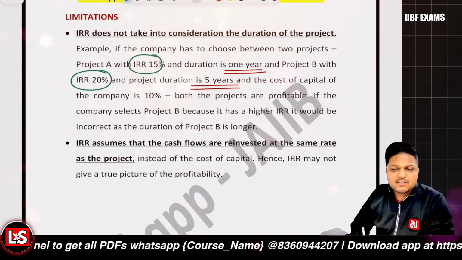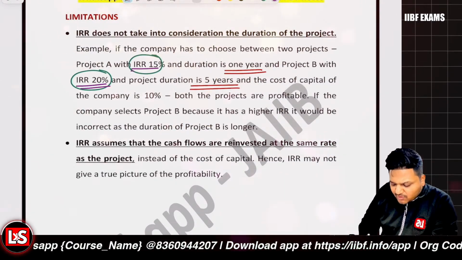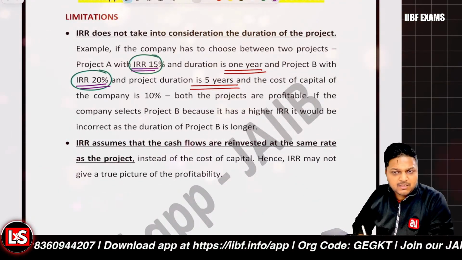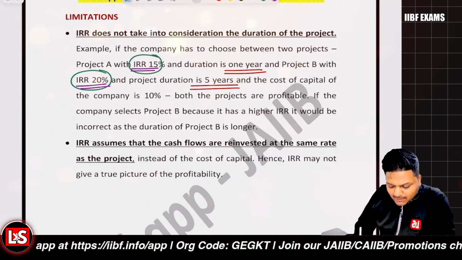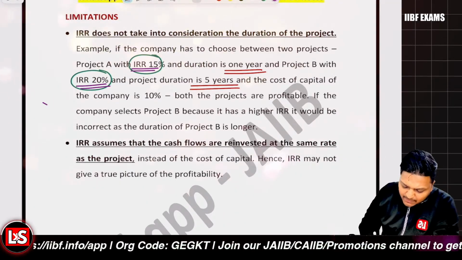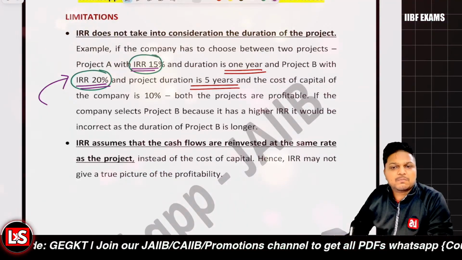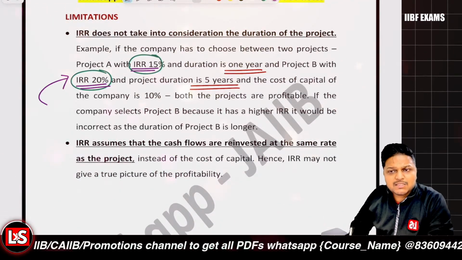As per decision making, we consider the IRR and higher is better, but we are not looking into the timeline. Project B is more profitable, but the time period is 5 years, whereas project A is just 1 year. So we do not consider the duration of the project.